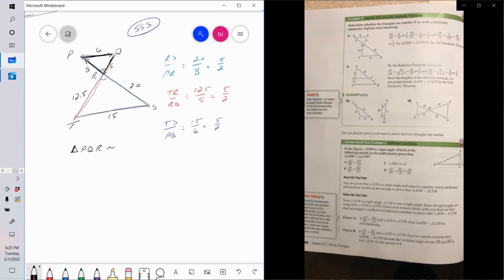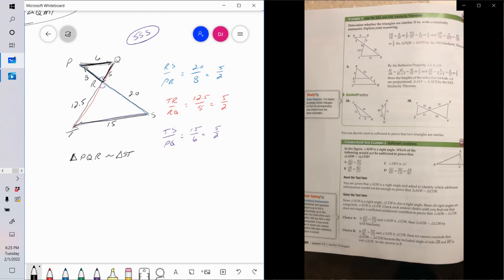We want to make sure that this lines up. PQ corresponds to ST. QR, right here, QR corresponds to TR. RP corresponds to RS. We want to make sure that we get those in the right order. And there is our similarity statement. Okay. So hopefully that makes some sense there.